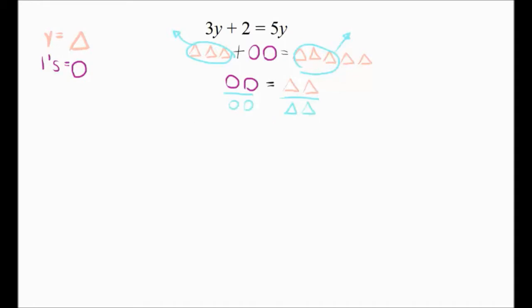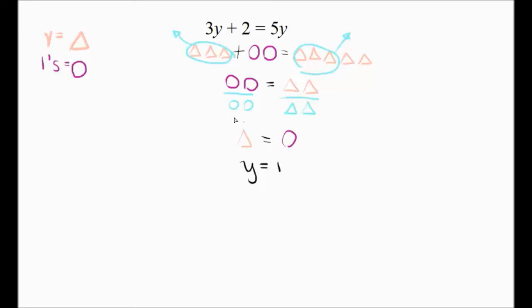So 2 triangles divided by 2 triangles is simply 1 triangle, and it is equal to 2 circles divided by 2 circles, which is just 1 circle. So therefore we know that the variable y is equal to 1.